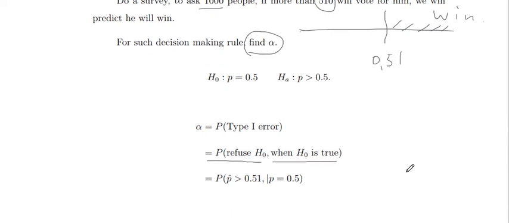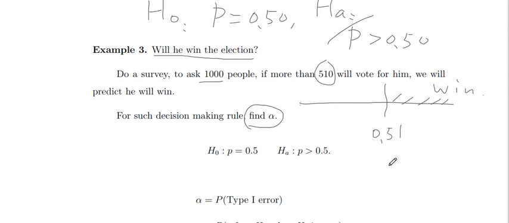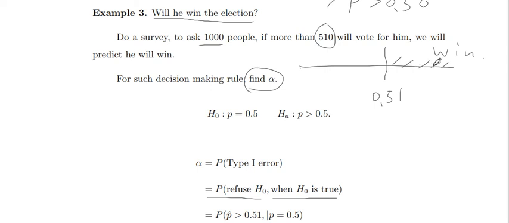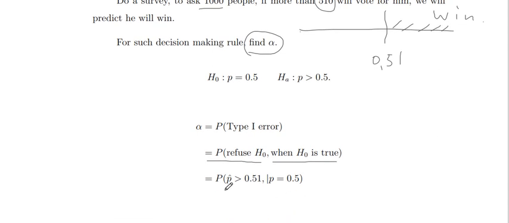So alpha, rejecting H0, means we believe he will win, so when p hat is larger than 51%. This is when H0 is true, meaning the percentage is actually just half, p equals 0.5. To find the probability, again we need to know the distribution of p hat.